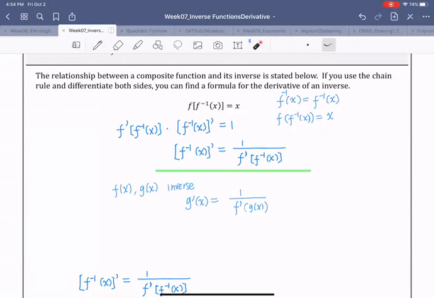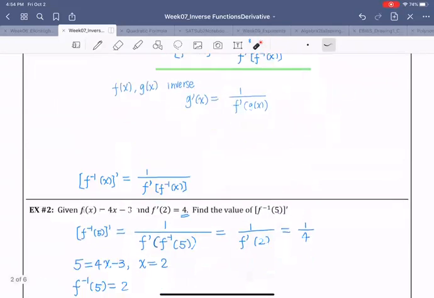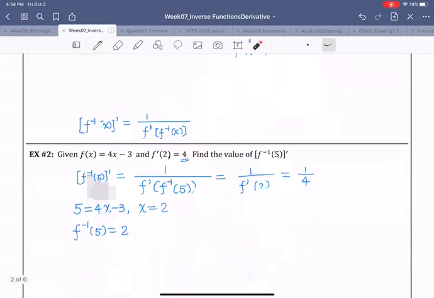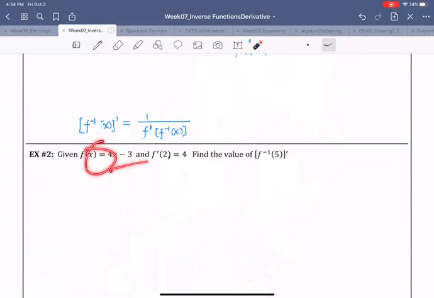Now let's do the first example. I'm going to show you how I do this. So I was given f(x) equals 4x minus 3, and f prime at x equals 2 is equal to 4. Well, I don't need this. I know that the derivative is 4.